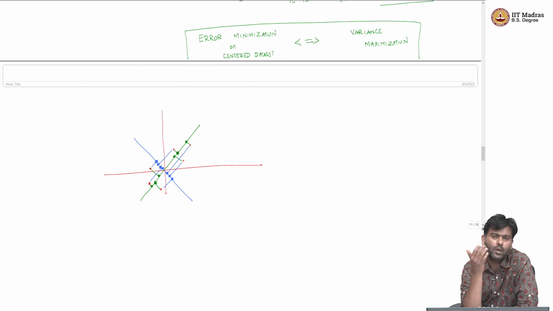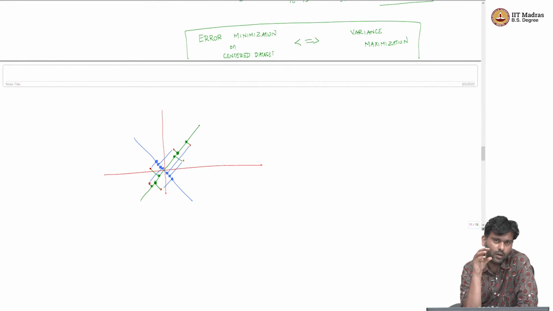You do want compression, but you also want to be able to distinguish one data point from another, because downstream you are going to use this compressed representation for some other task, let us say supervised learning, and you still want to tell one data point from another, right. So, the distinguishing capability is still necessary, which is lost if you project along a wrong line.